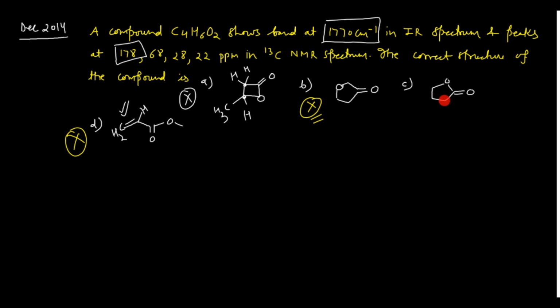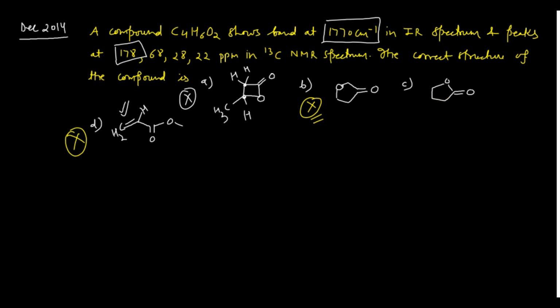You can argue that this is the carbonyl group and this is the oxygen group. The oxygen group is highly electronegative, so it will cause the same deshielding for this particular carbon as this carbonyl will do for this particular carbon. So these two have almost the same chemical shift.